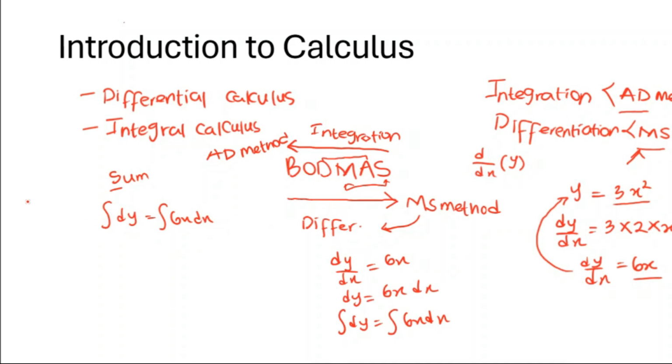As a remark, if you integrate du, you get u. If you integrate dv, you get v. If you integrate dp, you get p. If you integrate dy, you get y.